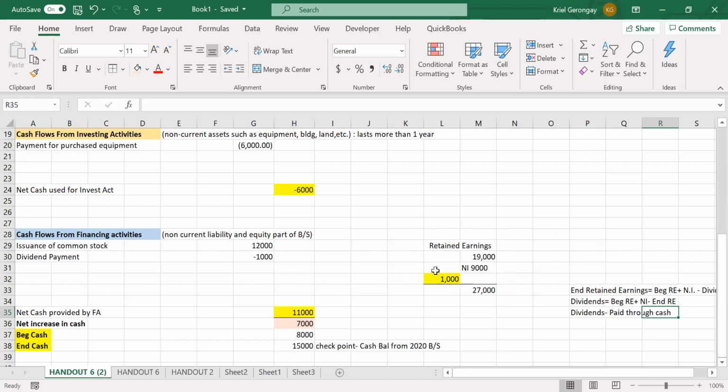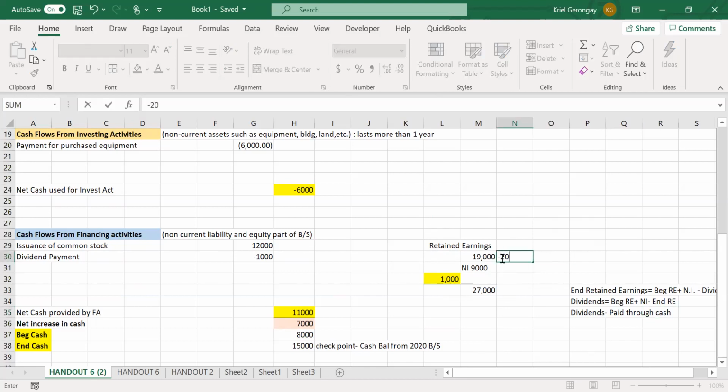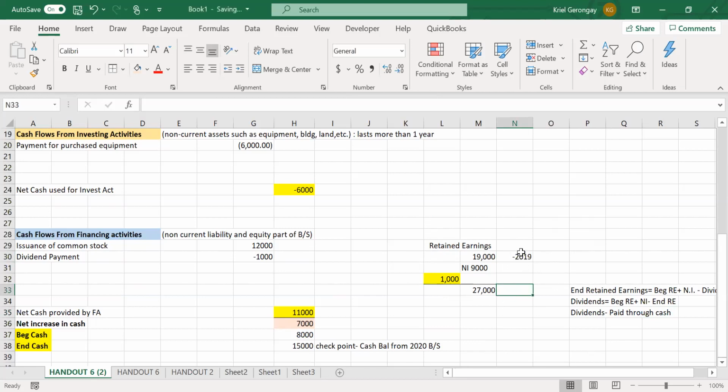So if you look at Handout 6, your retained earnings for 2019 is 19,000. And for 2020, your retained earnings balance is 27,000.